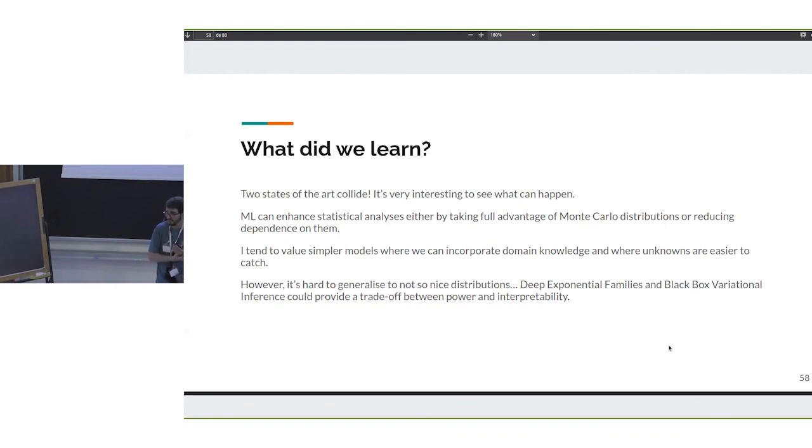If you are dealing with continuous variables, this could be a bit trickier. There is hopefully a lot of development in this area. For instance, the use of deep exponential families and black box variational inference could provide a trade-off between the simplicity and the power of the variables you can capture using this type of modeling.